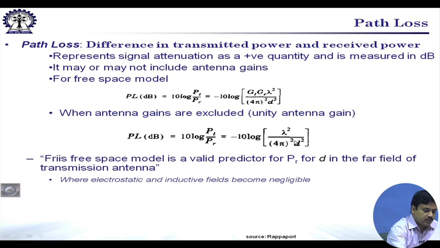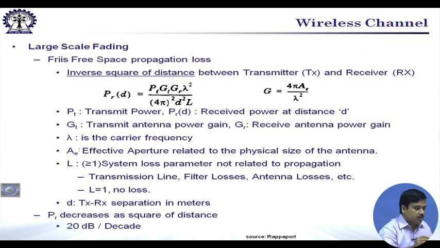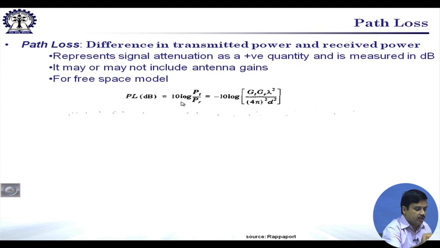So, if d takes on the value of 0, then the path loss would go to a very large number. The received signal strength would be infinity when d is 0. So, this model is not valid for d equal to 0.